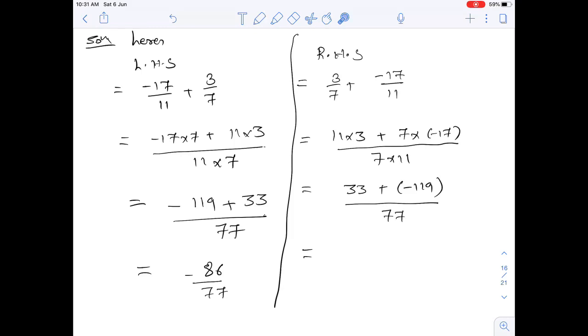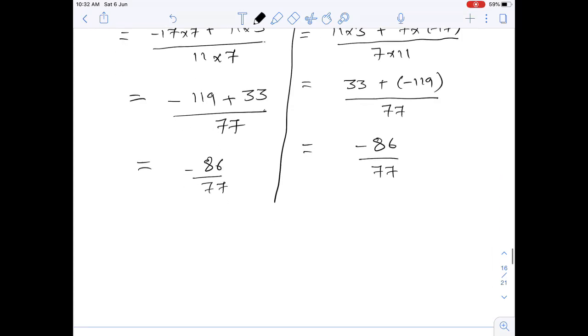Again it can be seen that 119 has a negative sign and 33 has a positive sign. So since the numbers have opposite signs, we will do subtraction of numbers. So 119 minus 33 is 86, the sign of the greater number is minus, so we will write minus 86 divided by 77.